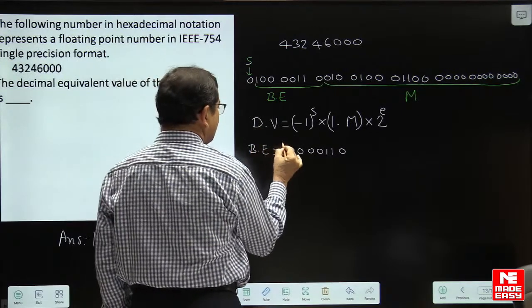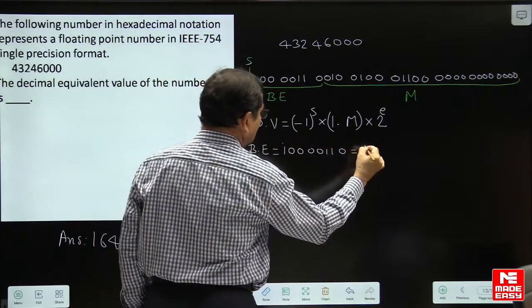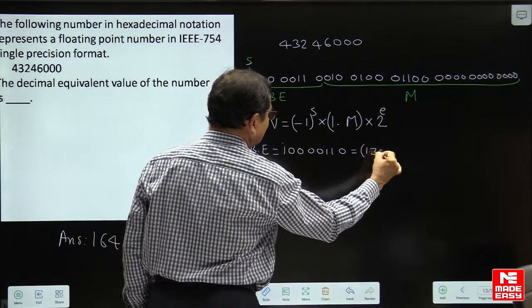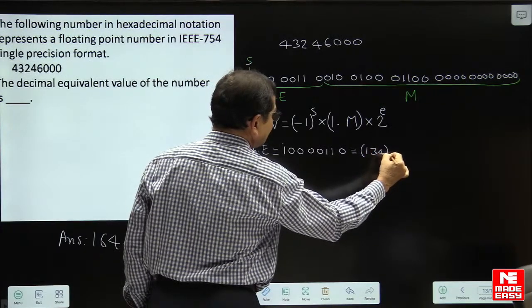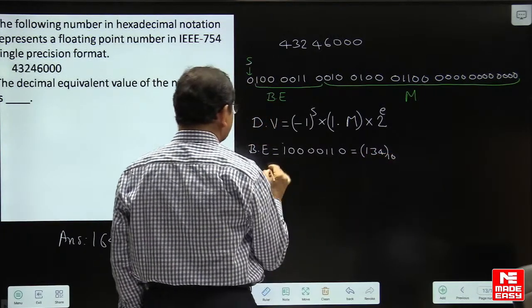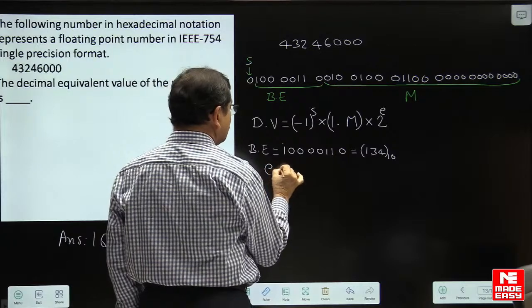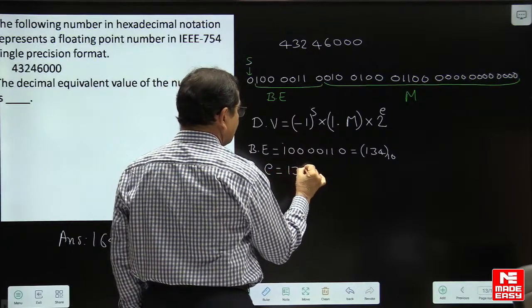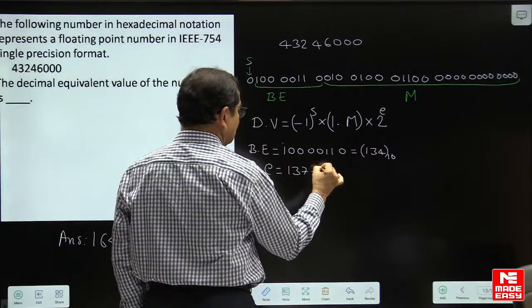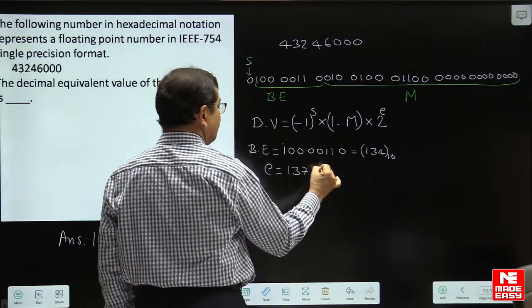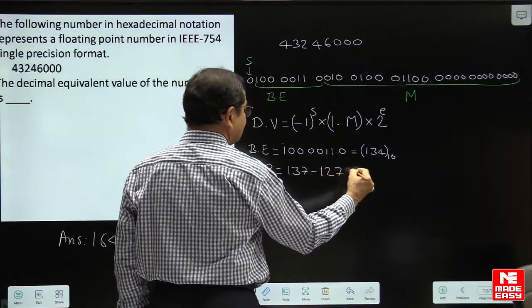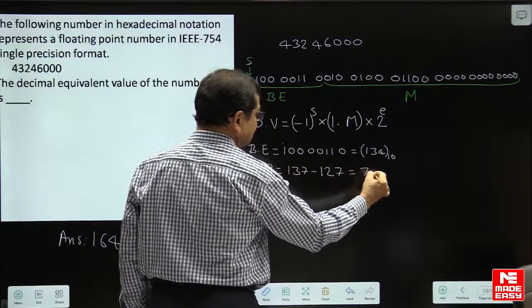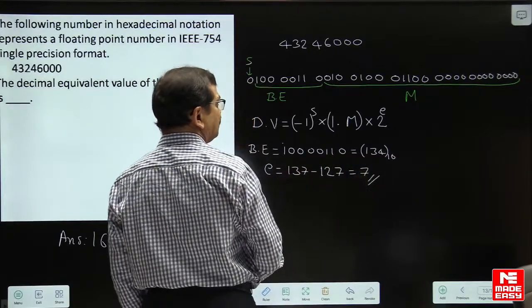So this is the biased exponent. The decimal value is coming as 134, right? And the real exponent will be 134 minus the biased value. The biased value is 127 for a single precision number, so the real exponent will be 7.